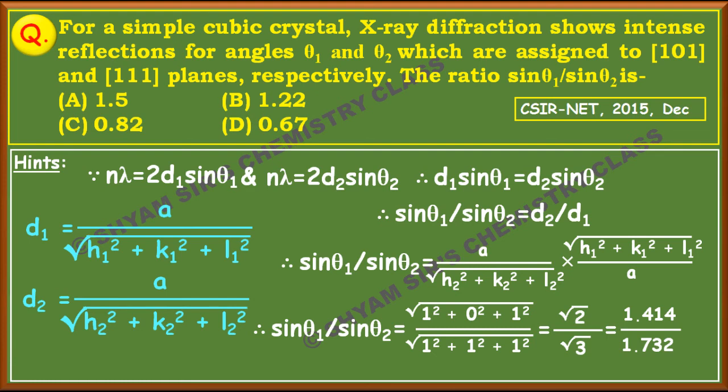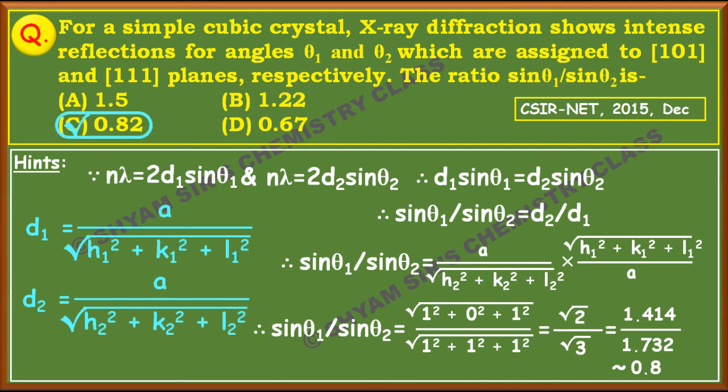If you calculate this ratio, 1.414 by 1.732, after simplification you will get around 0.8. Around 0.8 is matching with option C, that is 0.82. Option C will be the correct answer.